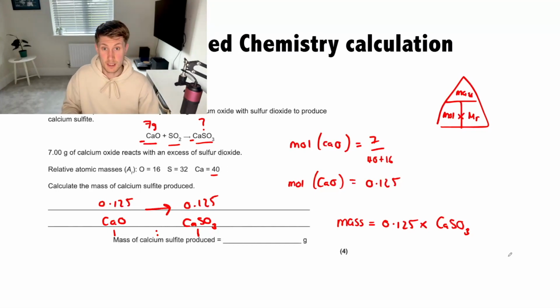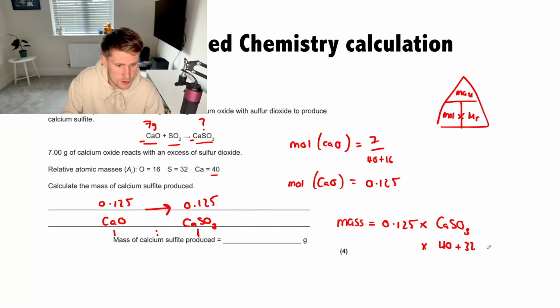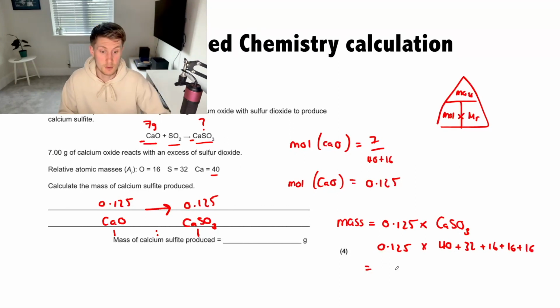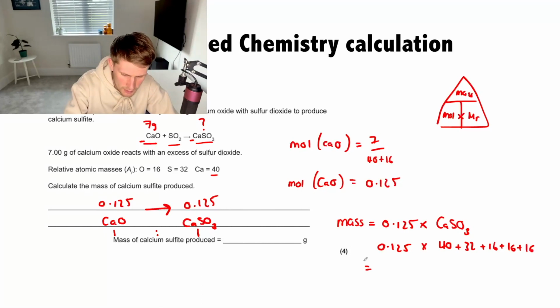Now that's a bit trickier to add up. We're going to have to get the calculator for that, but it's effectively 40 for the calcium plus 32 for the sulfur plus 3 lots of 16, 1 for each oxygen, of course. And then we need to multiply it by 0.125, and we'll have our mass in grams for our calcium sulfite. So let's get the calculator up again.